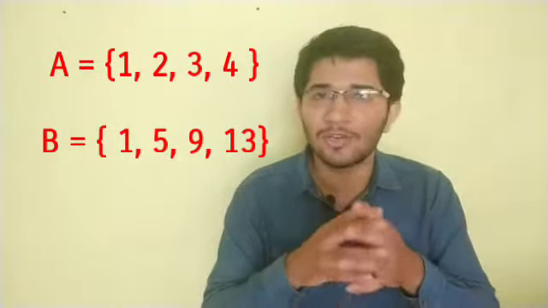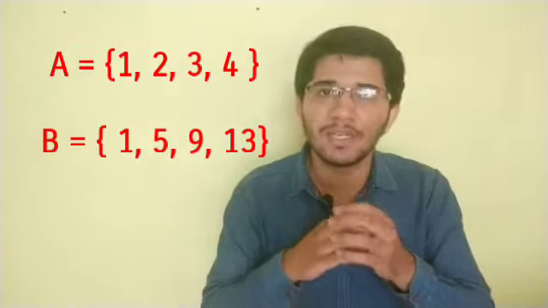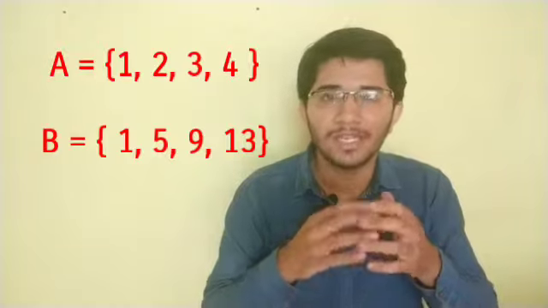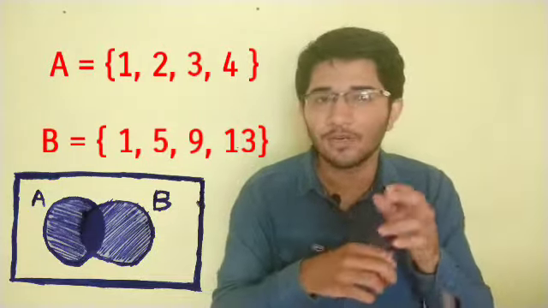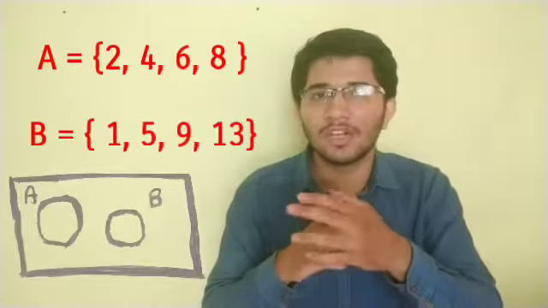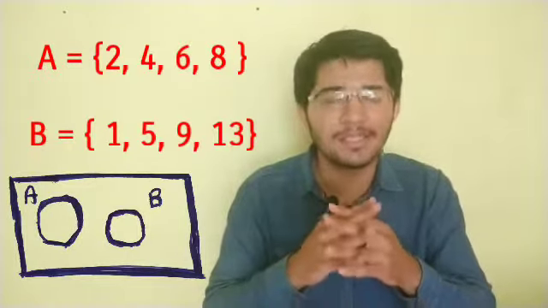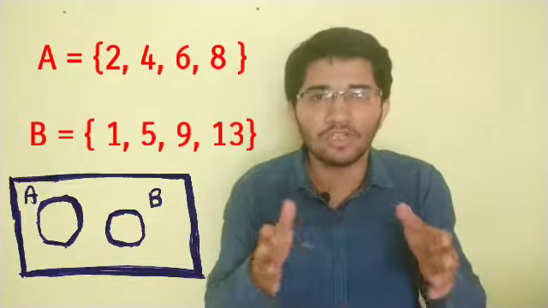It is possible that only one element is common, but even if one element is common, they are overlapping sets. We can represent overlapping sets diagrammatically like this, where two sets have some region in common. And when there is no common region or no common element in these sets, we say those sets are disjoint sets, which are not joined.